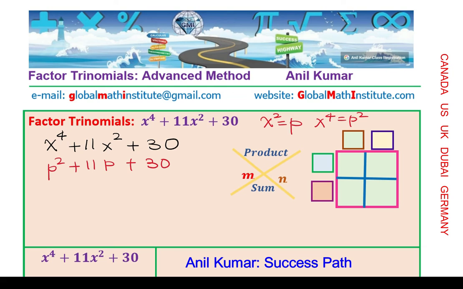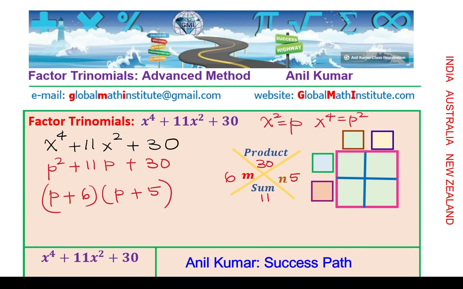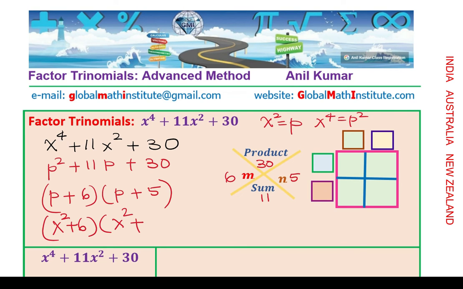Now directly, product is 30 for us, correct? Sum is 11. The two numbers are 6 and 5, right? 6 and 5. And therefore, we can now write down the answer, which is p plus 6 times p plus 5. Is that clear? And then what is p? p is x squared. So we could write this as x squared plus 6 times x squared plus 5, and we get our answer. You see that?